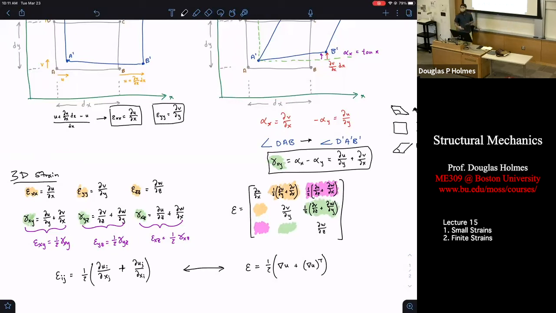You'll hear terms like a strain gradient. You'll hear terms about displacement gradients. Clearly, we have something that's like a displacement gradient here. A gradient is like derivatives of your thing with respect to spatial distances. And so we have derivatives of our displacement with respect to spatial distances. We get a gradient of our displacements. These are two shorthand ways to write that big box of colored stuff over there.